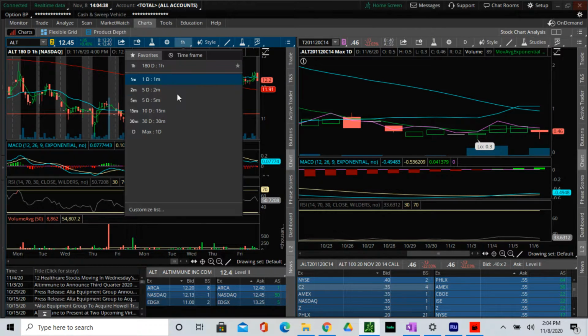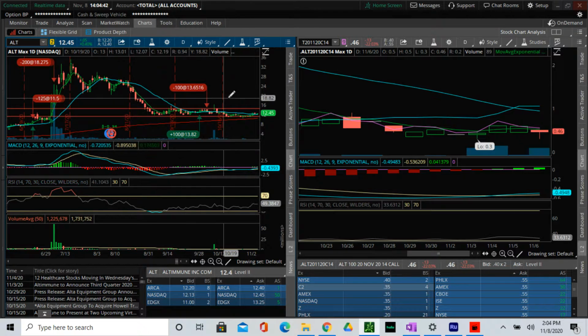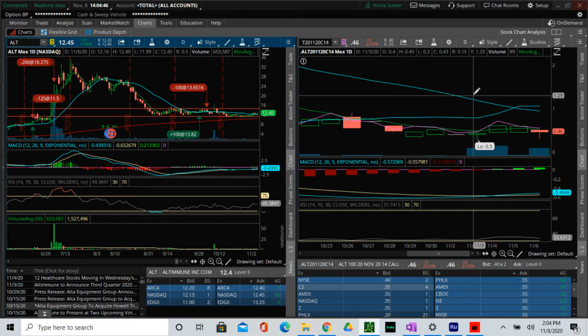Also, as I bring this back to the year chart, when I look over at the options, because I do like the options, they have a couple of price points too, just like the moving averages that I try to take into consideration.